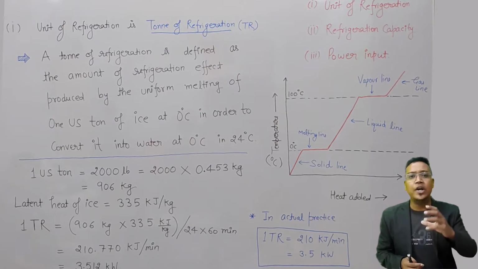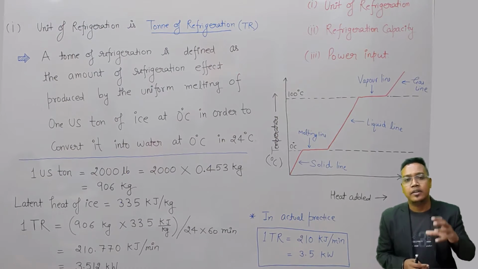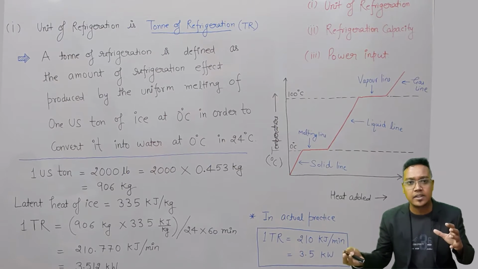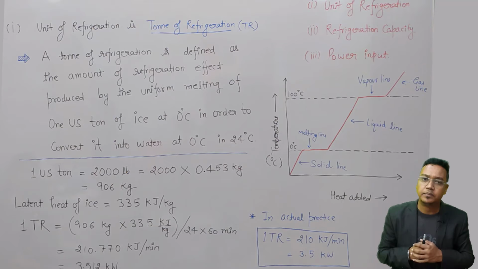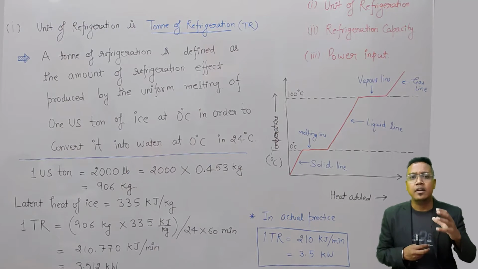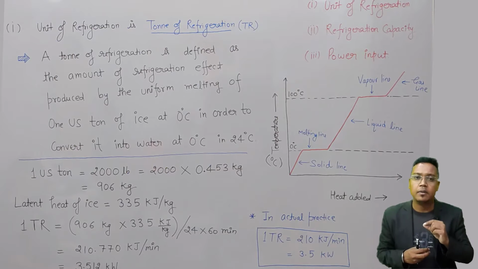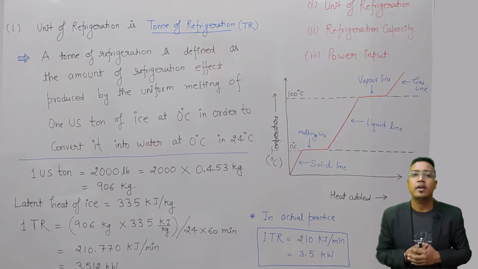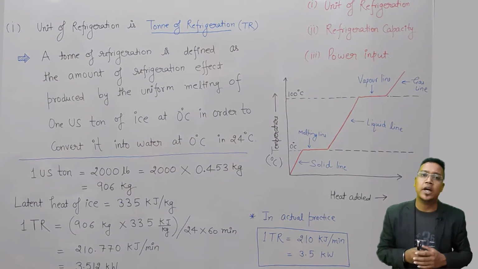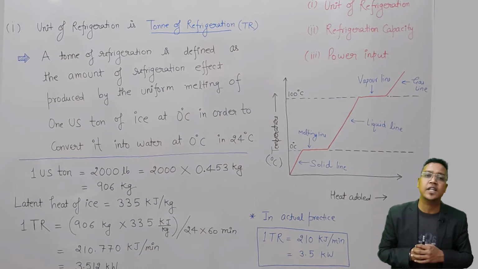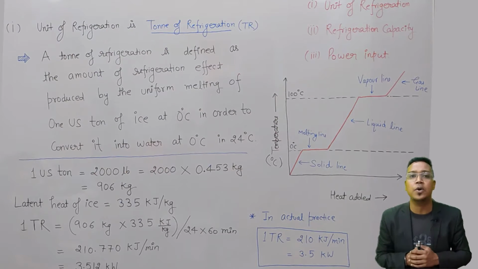Friends, when a window AC is working, that window AC will absorb the heat from a storing space per unit time. That is the kilojoule per second or kilojoule per minute. But commercially, the unit of refrigeration is TR, 1 ton of refrigeration, that is the commercial unit.